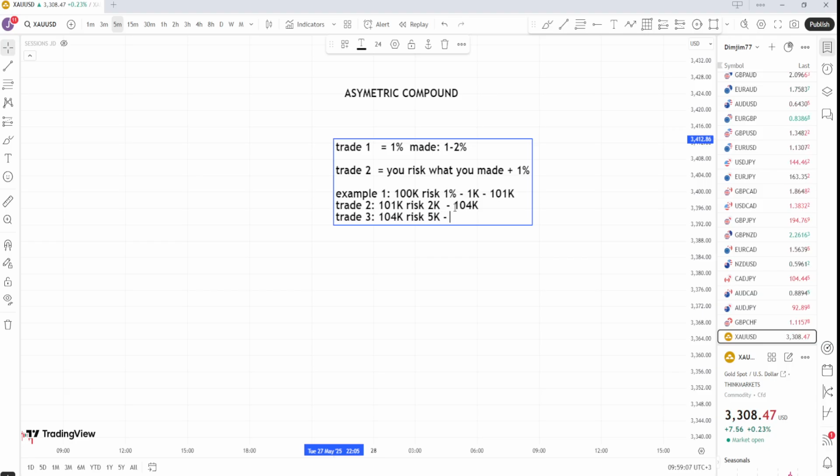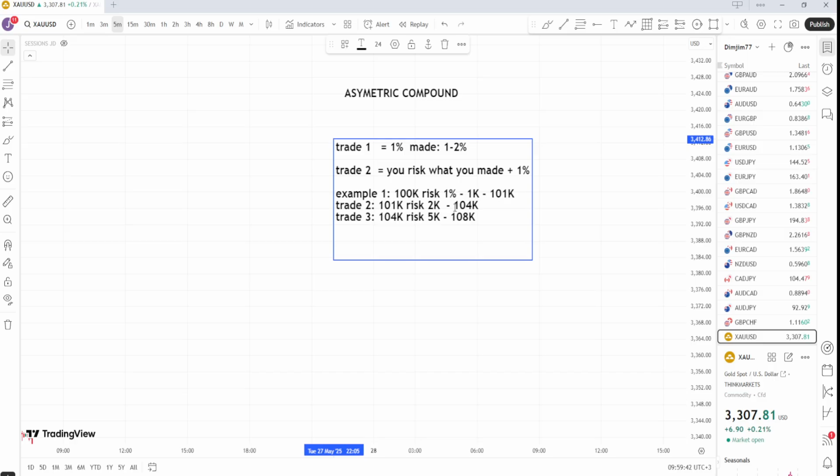Essentially you keep risking the initial risk plus the profit, so you go to 108k in 3 trades, and this is enough in 3 trades to pass any challenge. But it's not about the challenge, it's more about compounding the account and getting an idea of the numbers.